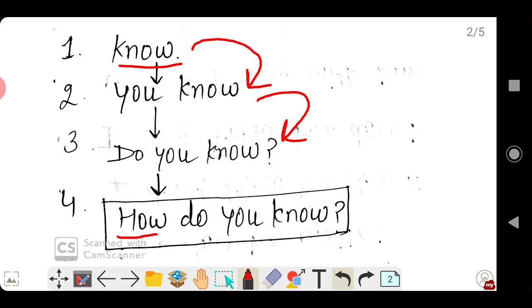This is the fourth sentence that you can see on my screen. So you can make it in this way.